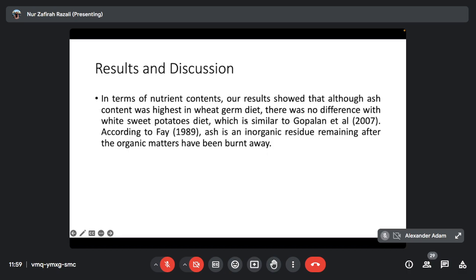As you can see, alright, the results are presented here. Okay, but then again, it is further being related to past studies. So as you can see, which is similar to Gopal et al. 2007, according to Bay. Alright, so this is what it means by circling back to the literature review.